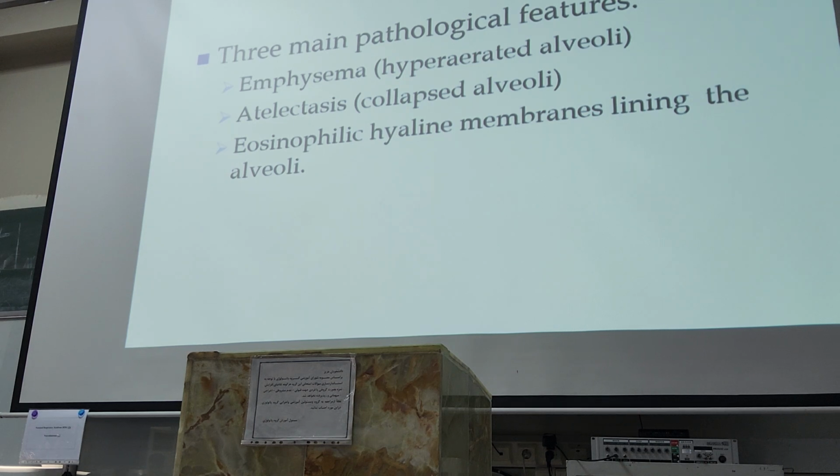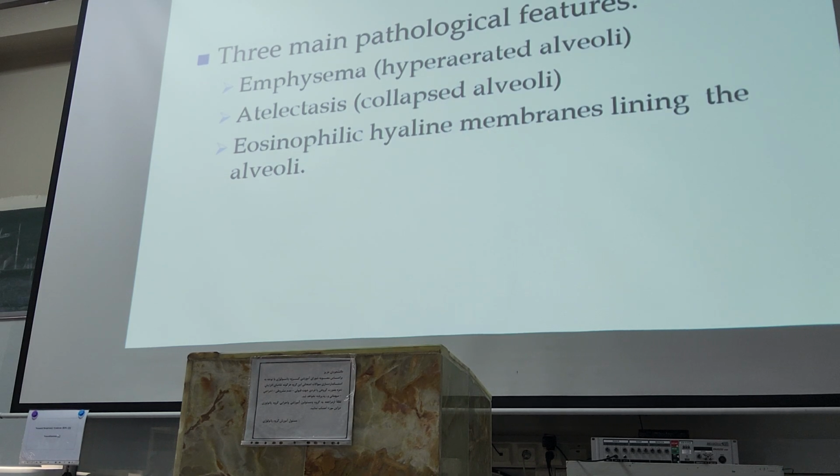Alveolar space is full of air in emphysema, and the alveolar septa go far from each other. So you have the accumulation of air in alveolar space. That is the term emphysema here.